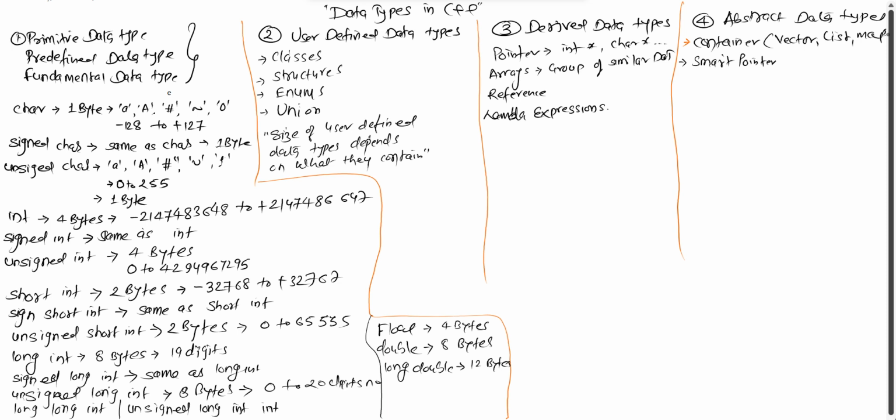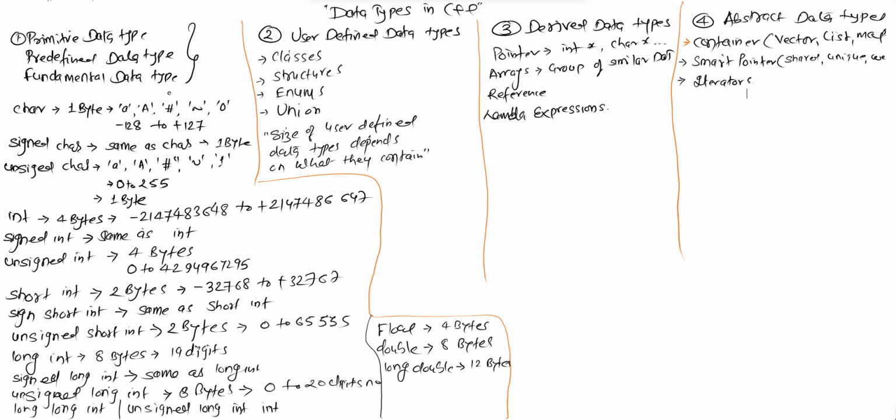In basic C++ we don't have smart pointers, but from C++11 onwards, all versions of C++ support smart pointers. Like we have shared pointer, unique pointer, and weak pointer. And then we have iterators also. These are very advanced topics which we'll be covering in next videos.